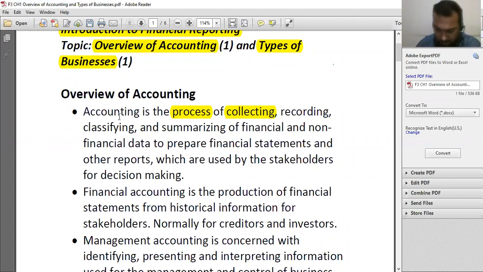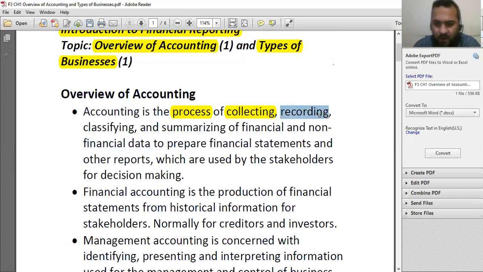For example, if you are conducting a market survey or performing market research regarding our product, and we are asking some questions from our customers and those questions are answered by the customer, the data which I'm collecting will become non-financial data. So in accounting, we are collecting both financial and non-financial data.